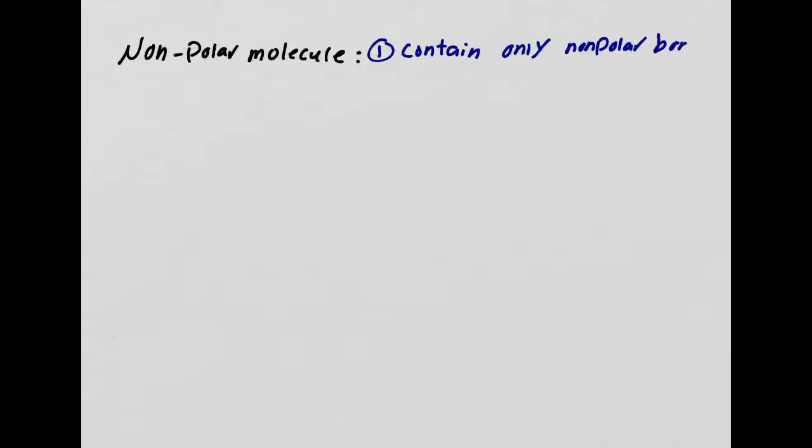Let's say I have a non-polar molecule. When do I have a non-polar molecule? You have a non-polar molecule if a molecule contains only non-polar bonds. If you have nothing but non-polar bonds, you end up being a non-polar compound.